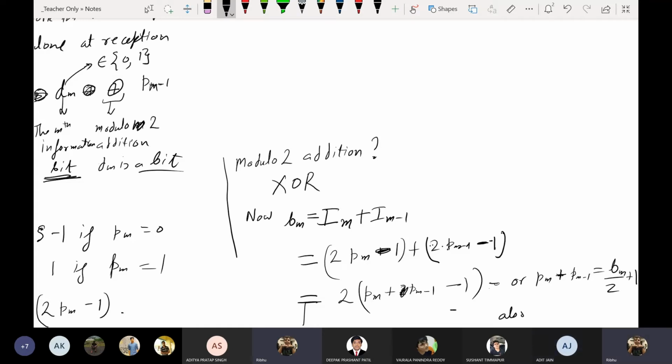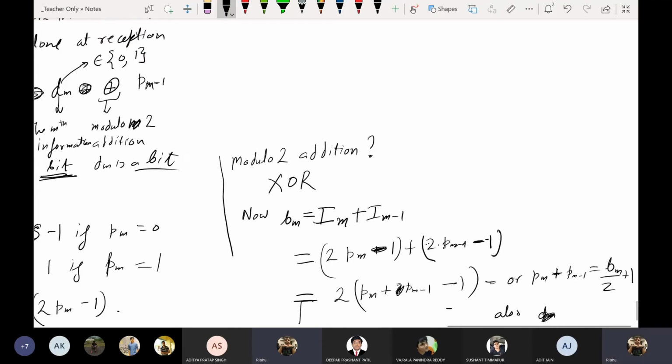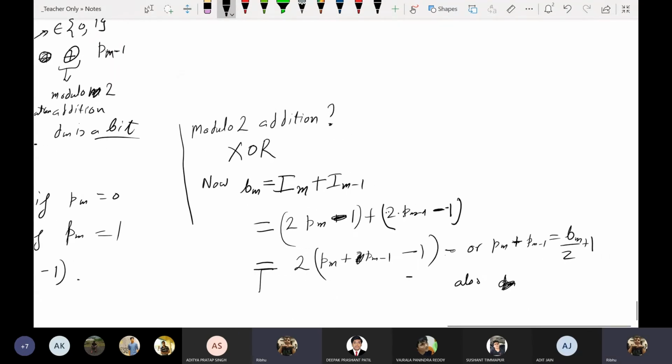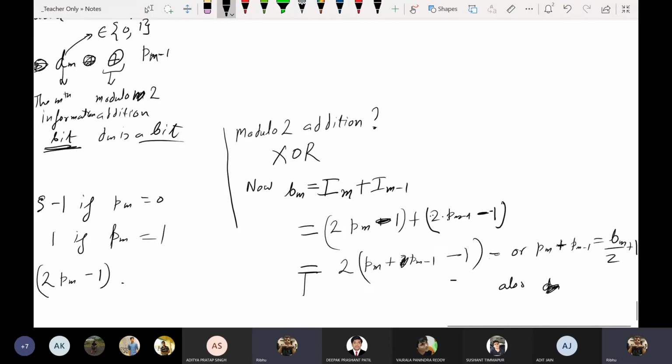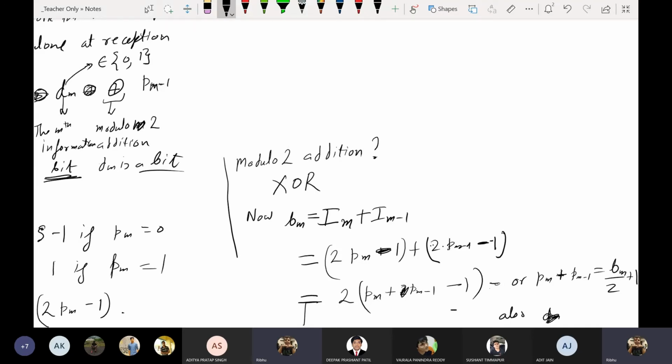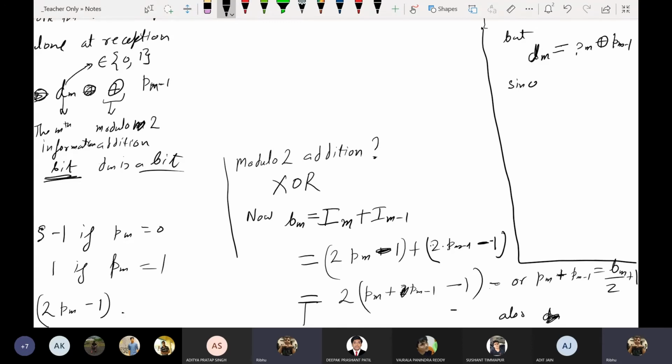Also, DM equals PM XOR PM minus 1, since PM equals PM minus 1 XOR DM.